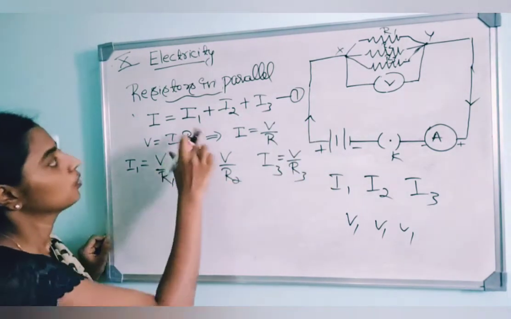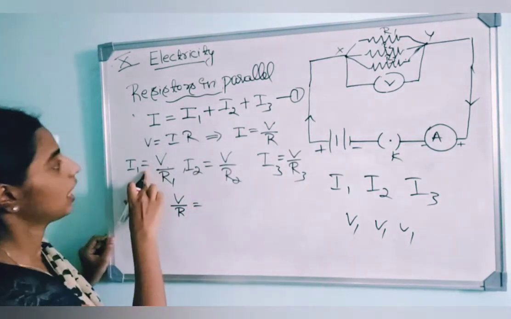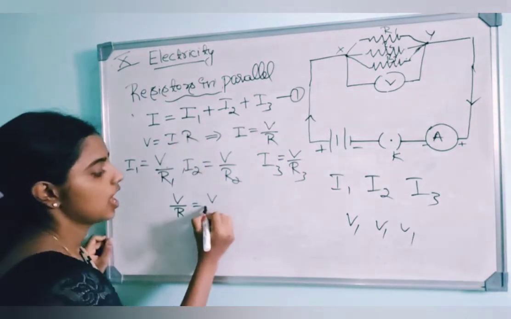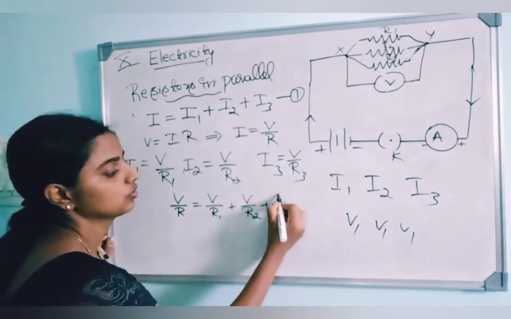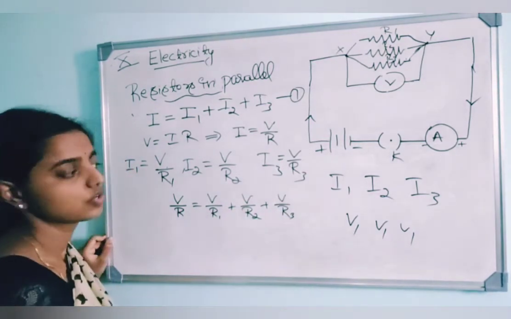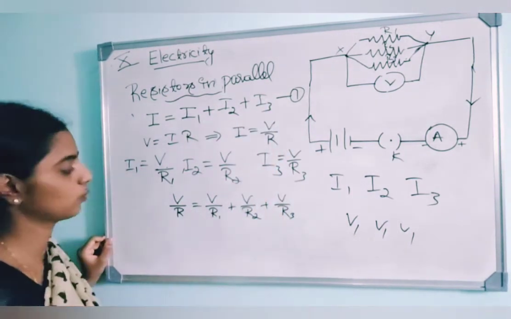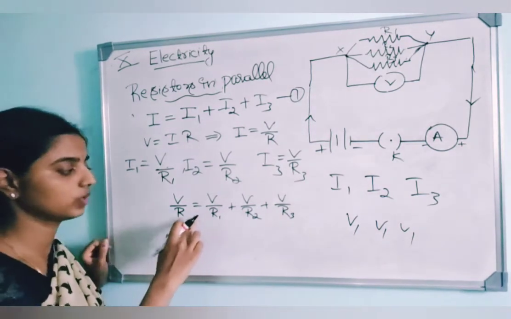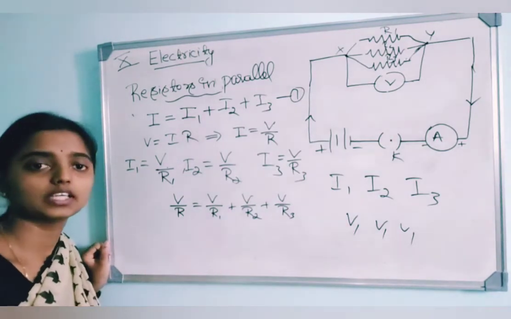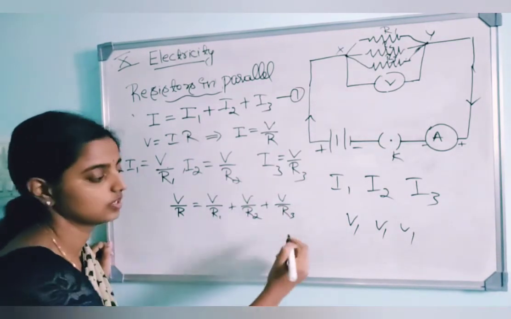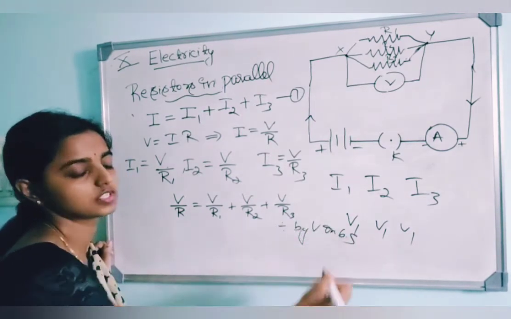First I is V by R, next I1 is V by R1, next V by R2, next V by R3. So we substituted all the I values in equation 1 and we got this equation: V by R equals V divided by R1 plus V divided by R2 plus V divided by R3. Now, what is common here? V is common. So divide by V on both sides. What happens?